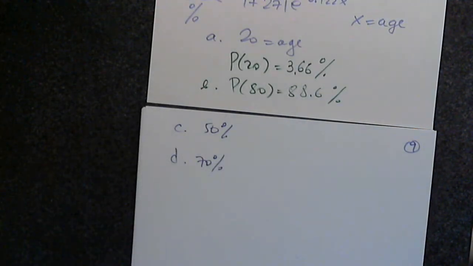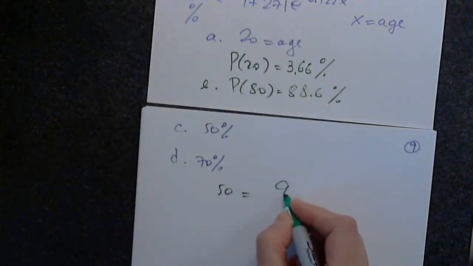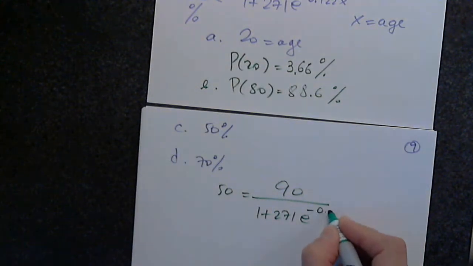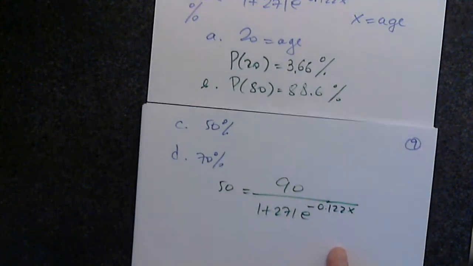What am I asked now? Now I'm asked the age. Exactly, awesome. So 50 equals 90 divided by 1 plus 271 e to negative 0.122x.